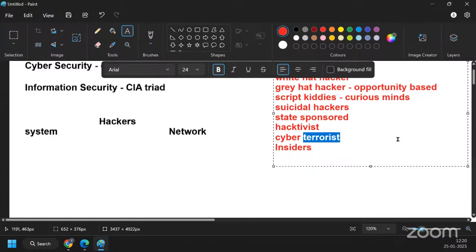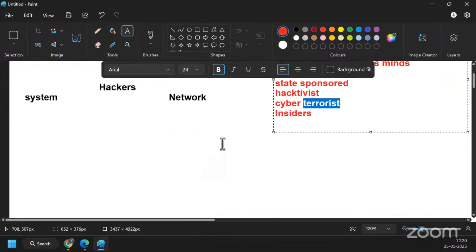Now, after that, over here, any guess, any idea, what is a hack or what is hacking? It is making a system go in unintended ways by exploiting vulnerabilities.